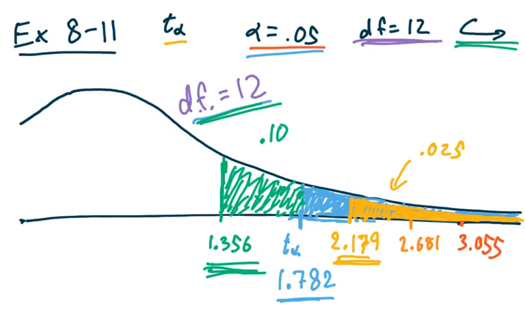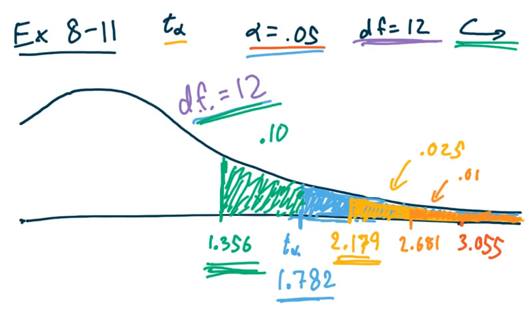All right, and as you might have guessed here, the area underneath the curve stretching on to the right side of 2.681, as you can see for yourself, 2.681 is one of these critical values, and it corresponds to a right side area of 0.01, exactly 1%.